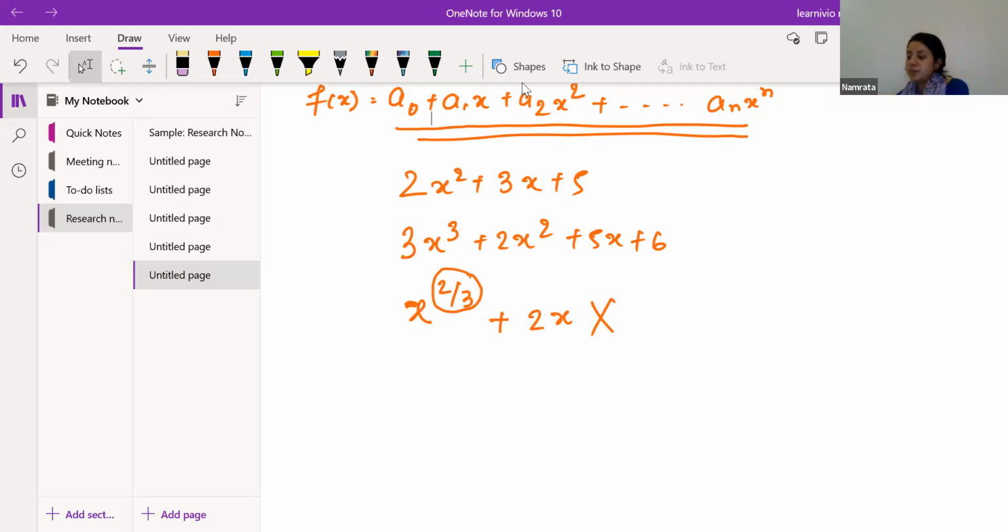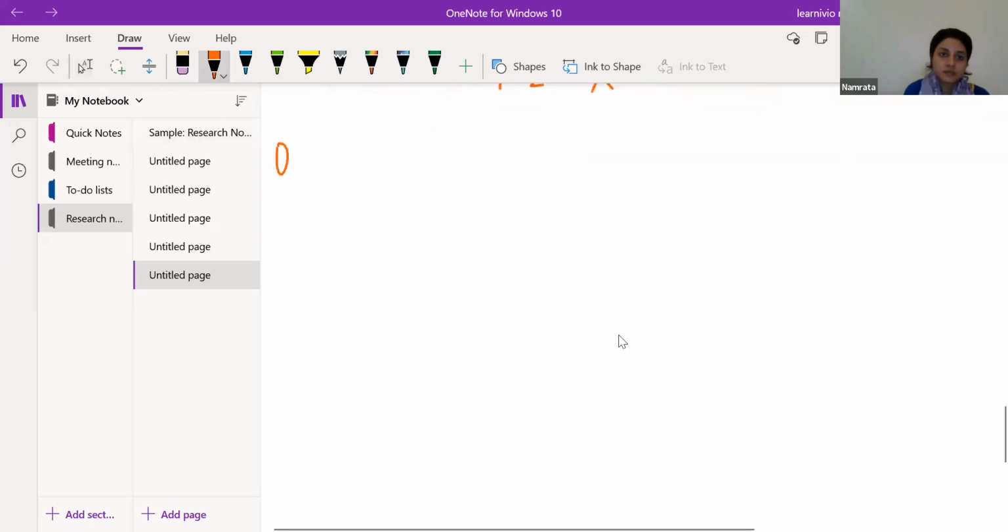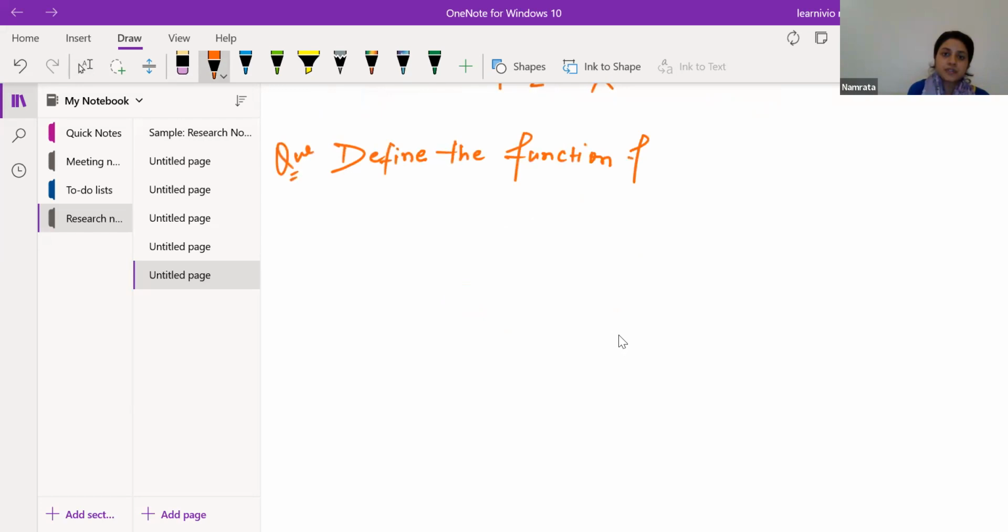Let me take a few examples from here. Okay, now the question can be: define the function f from R to R by f of x is equal to x square.